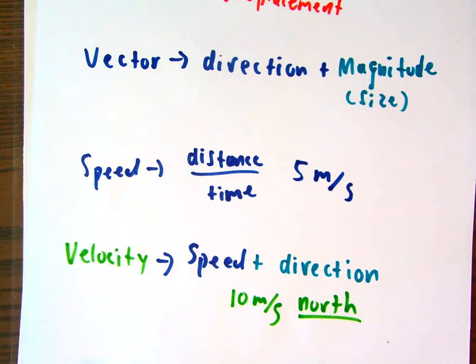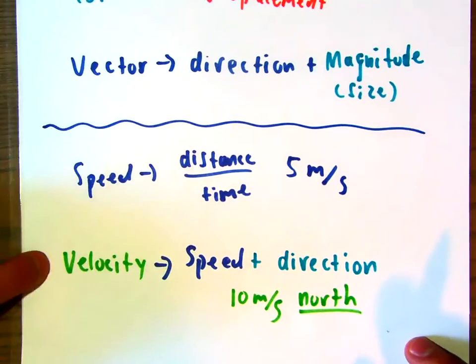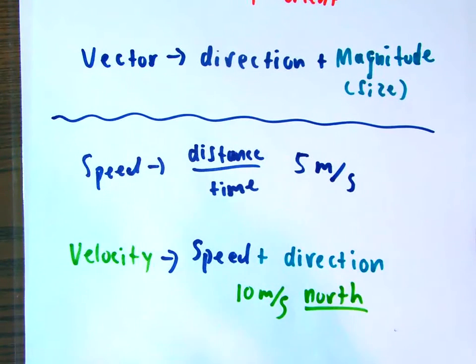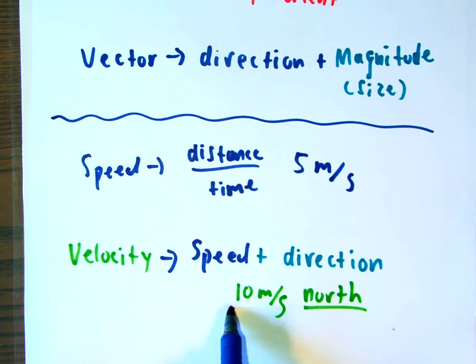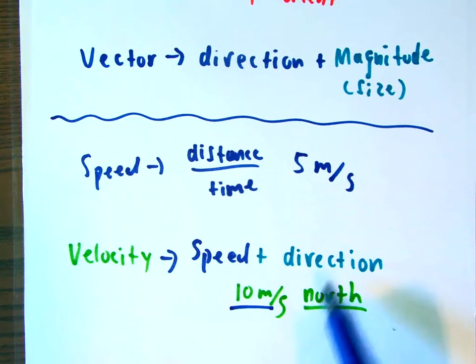Going back to our original question, which one is a vector? Which one includes direction and size? By size, I'm referring to how fast they're going, the size of their speed. So this includes a magnitude. This is my magnitude, and obviously this is my direction.